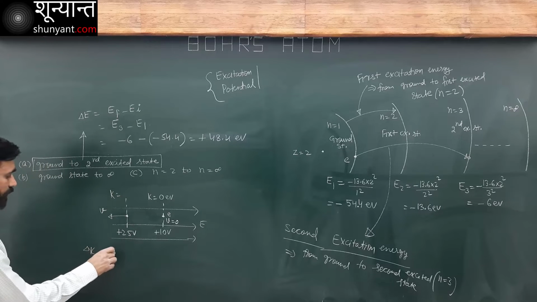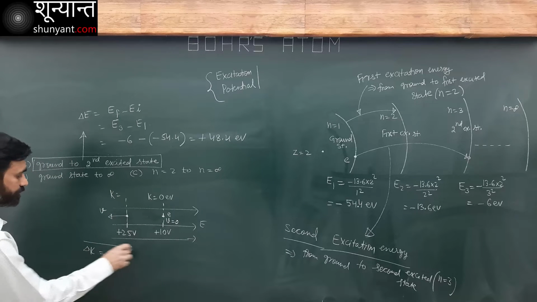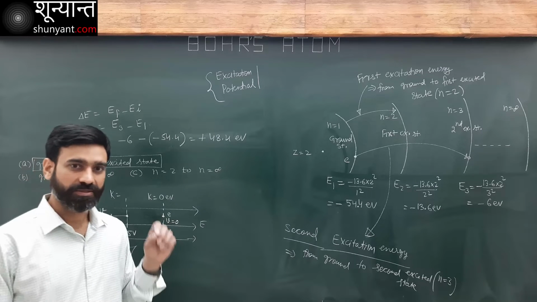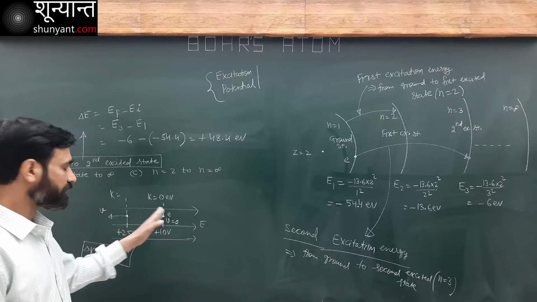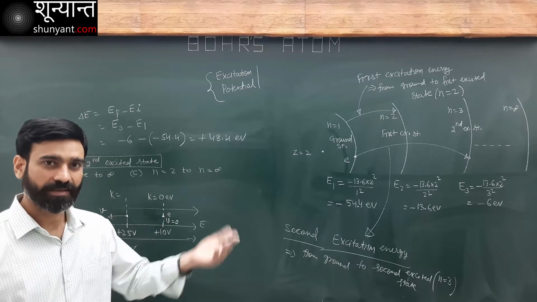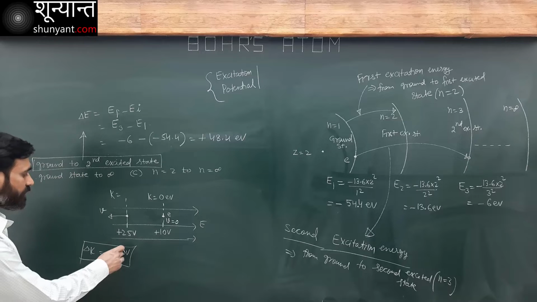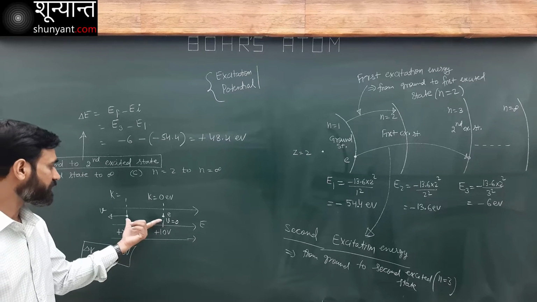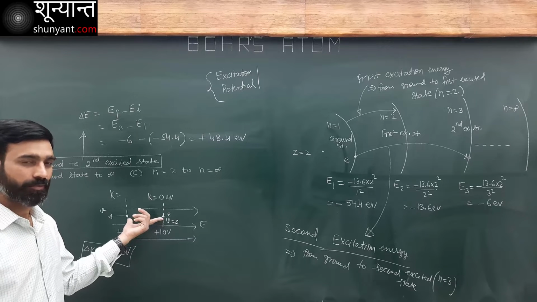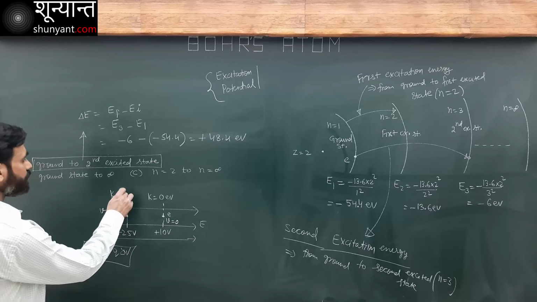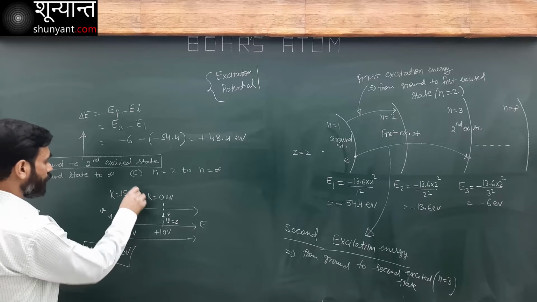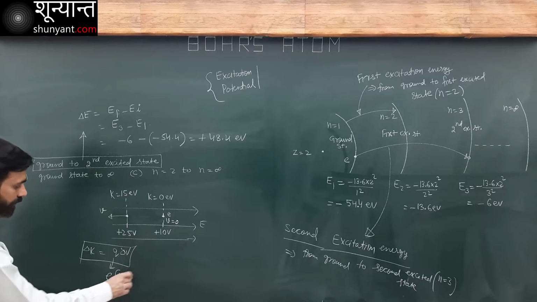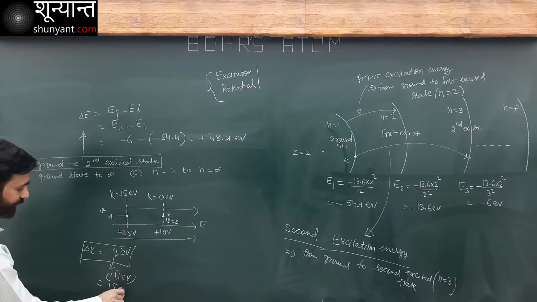Delta K is equal to Q times delta V. Under spontaneous motion, it gains kinetic energy, and the gain depends on the potential difference. The potential difference is 15 volt, so the kinetic energy gain will be 15 electron volt.